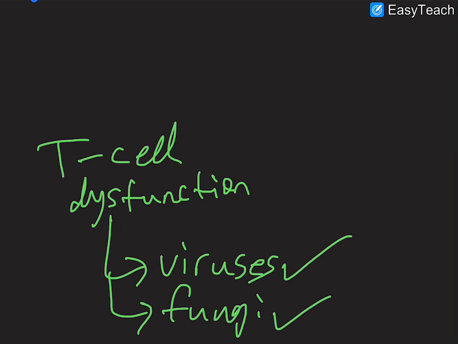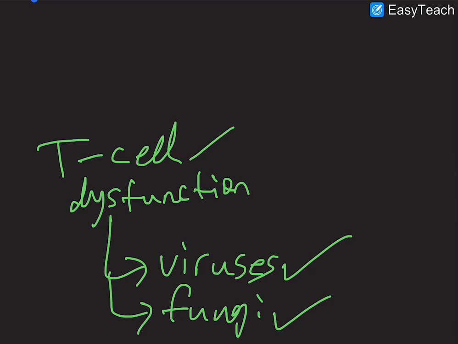Now, another thing is due to the T cell dysfunction, what actually happens is your T cells release cytokines that are more released by Th2 cells instead. So it's kind of like a skew or a shift, right?